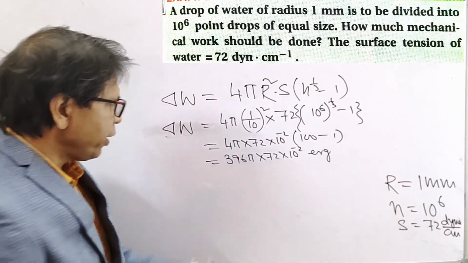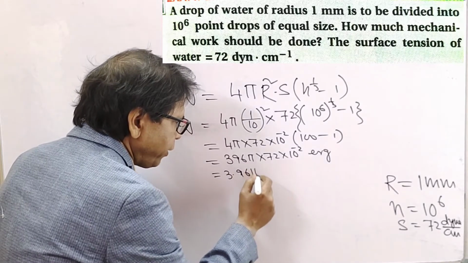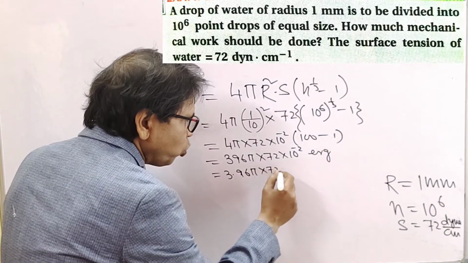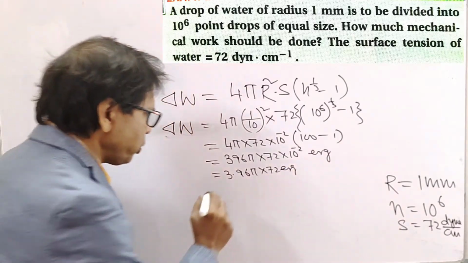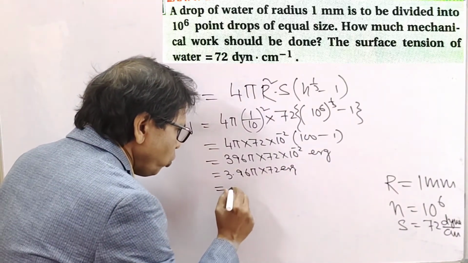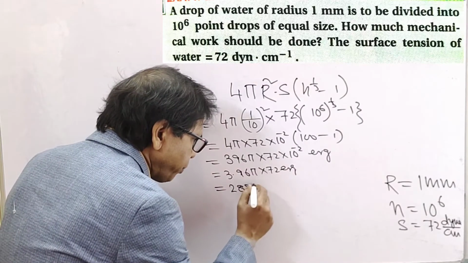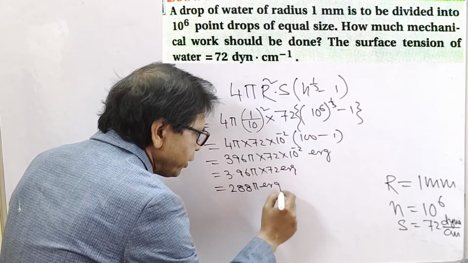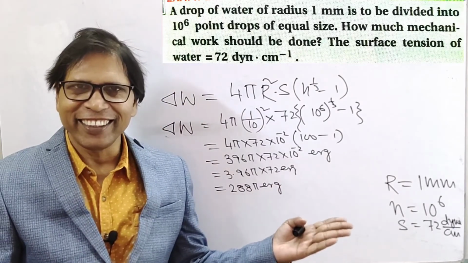So this becomes 3.96π into 72 erg, which becomes almost 288π erg, the amount of work done. Okay, understood?